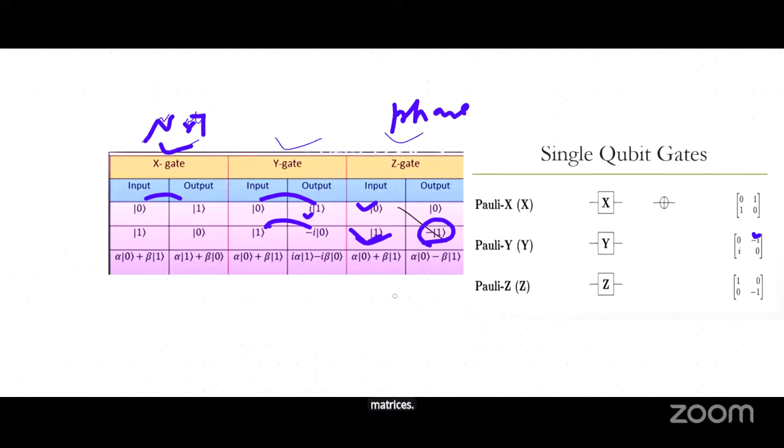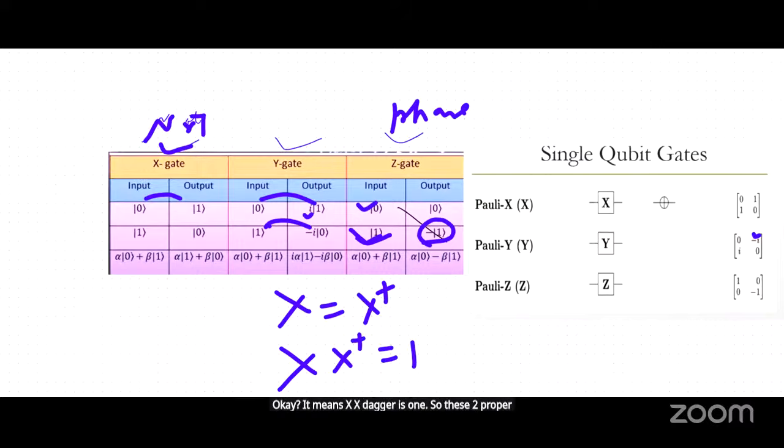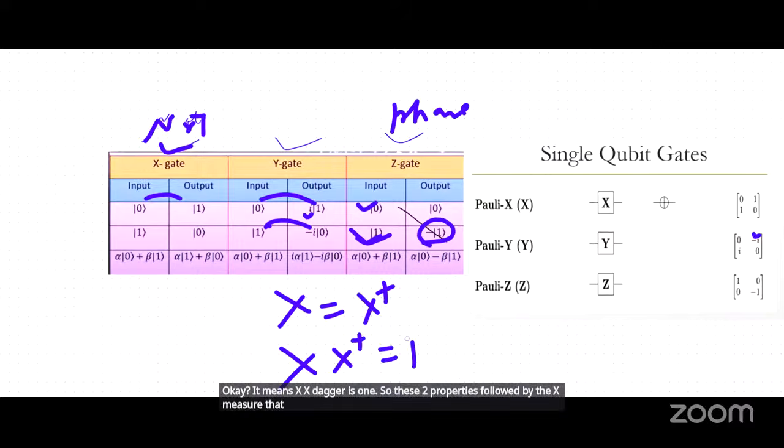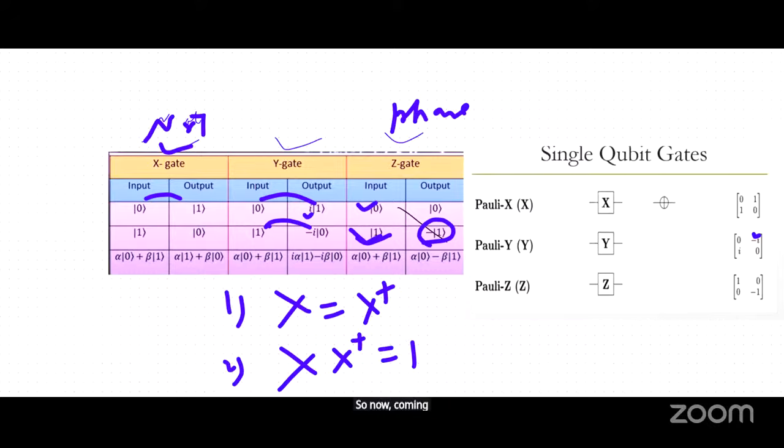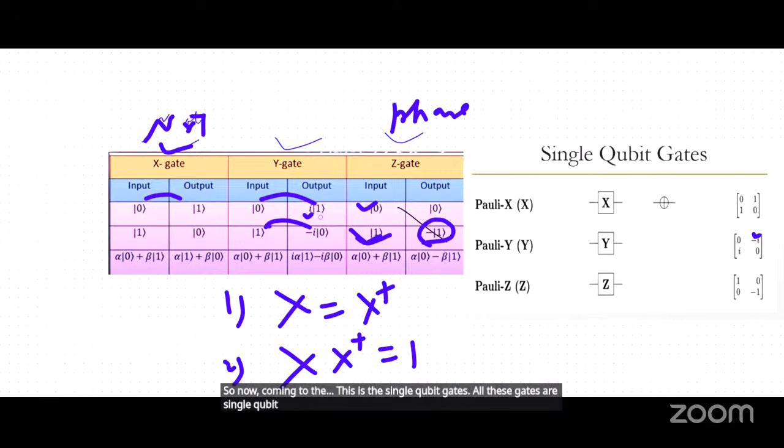The two properties of the matrices are like that: X is equal to X dagger, which makes it unitary, and it means X dagger X is 1. These two properties are followed by the X, Y, Z gates. These are single qubit gates. Now coming to the multi-qubit gates.